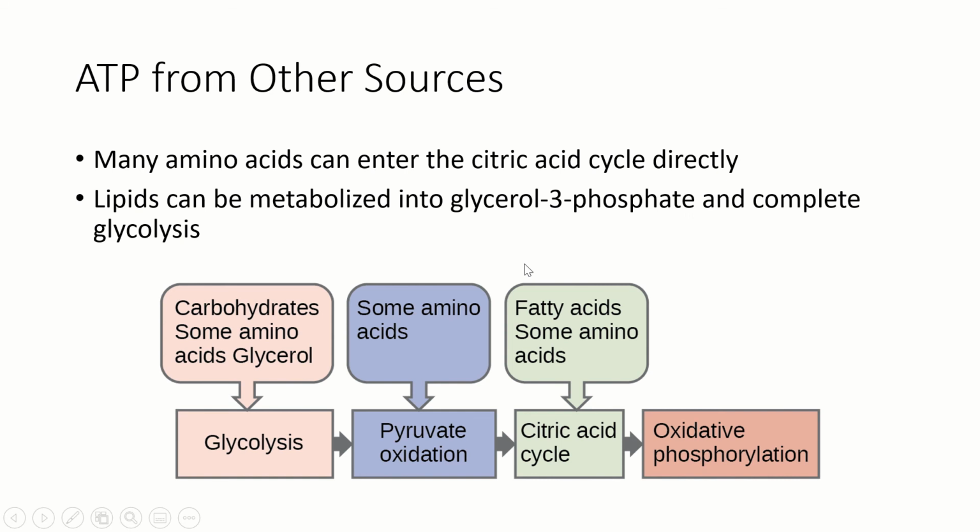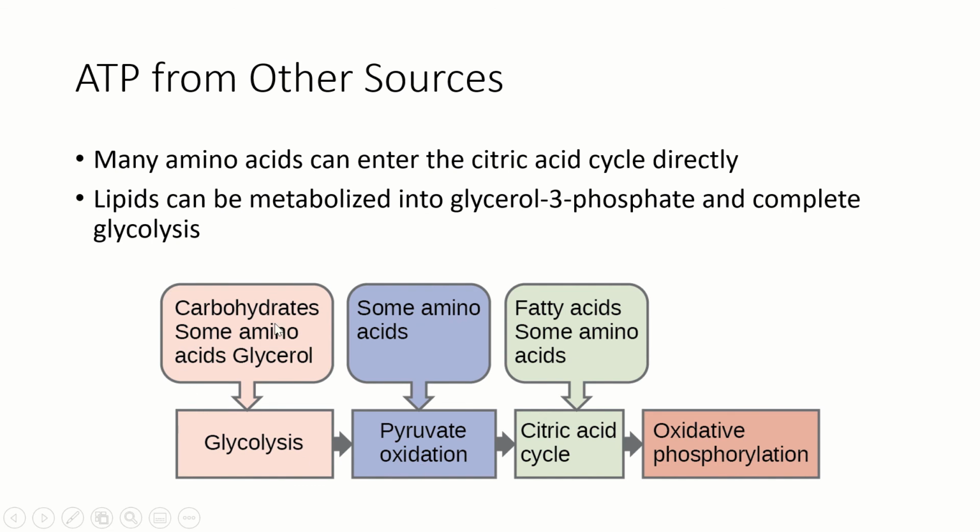All right, so there are other ways to get ATP even when your tissues don't have enough glucose. There are lots of amino acids that can actually go straight into pyruvate oxidation.